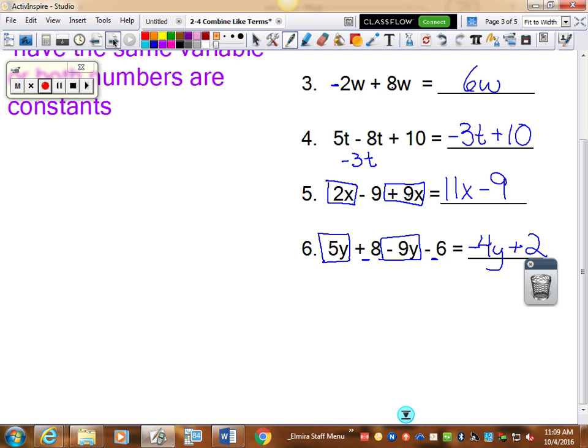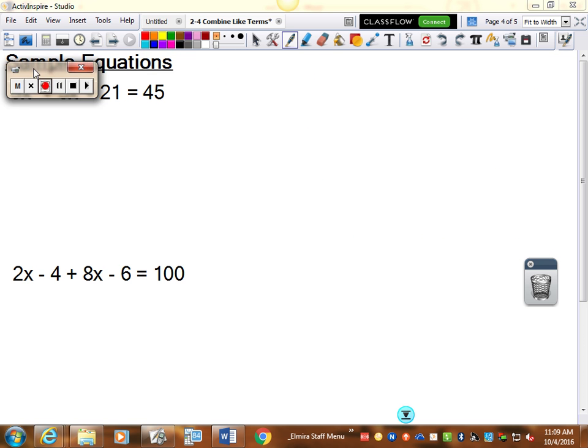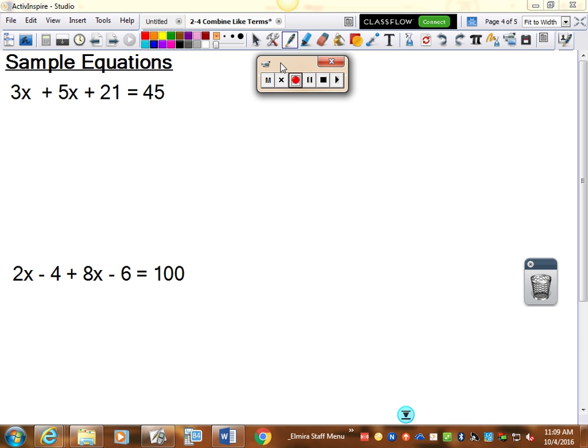Next, we're going to use that skill for an equation. So our first equation in our notes was 3x plus 5x plus 21 equals 45. So like terms, 3x and 5x make 8x. Bring down plus 21 equals 45.